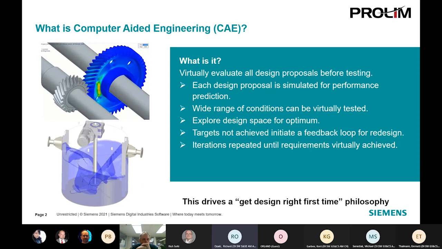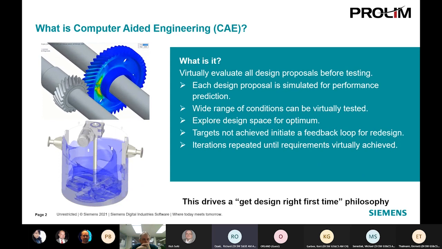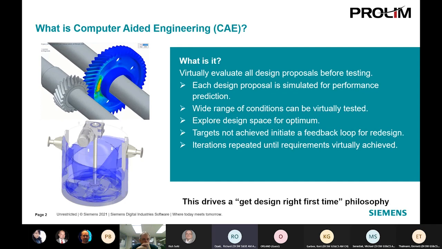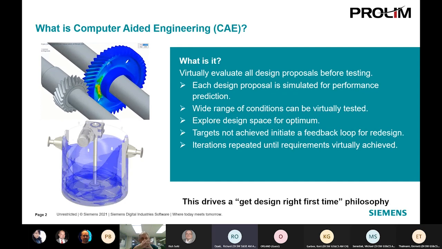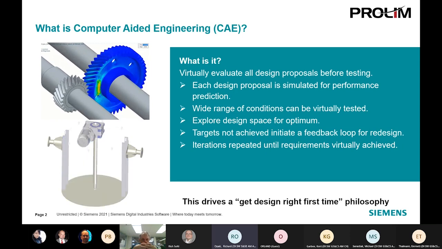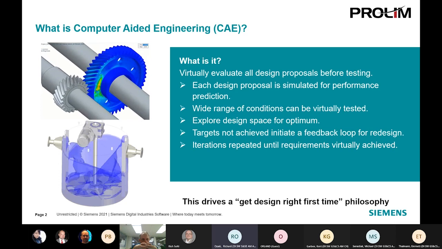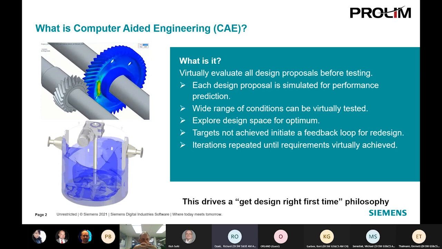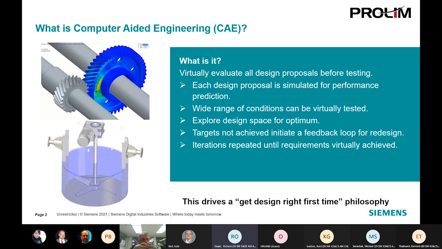Doing a lot of what-if studies, which can be impractical in lab testing, is very, very beneficial. And if there is a failure, we can quickly catch those earlier on, before we move to tooling or prototyping, fix them, and then reduce the time and cost associated with physical testing as well. So this really drives a get it right first time philosophy.